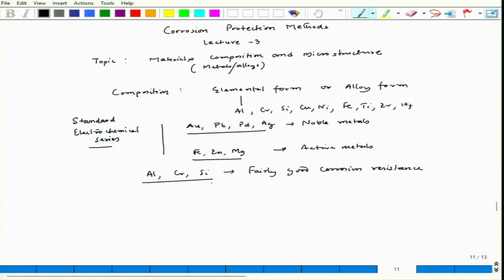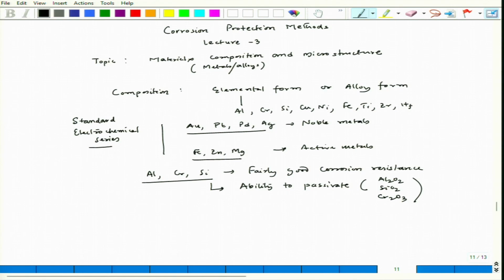The reason is the ability to passivate, which means the ability to form an impervious oxide layer. Oxide layers such as Al2O3, SiO2 and Cr2O3 form on those metals when they are exposed to the environment, and they give a good amount of corrosion resistance.